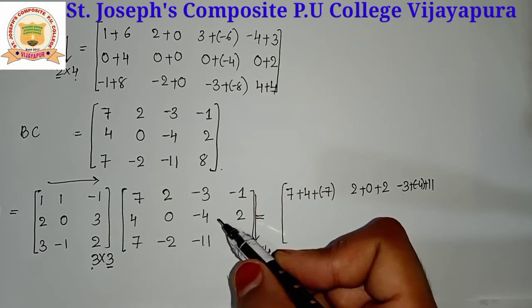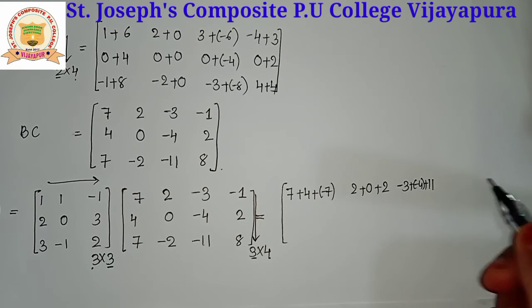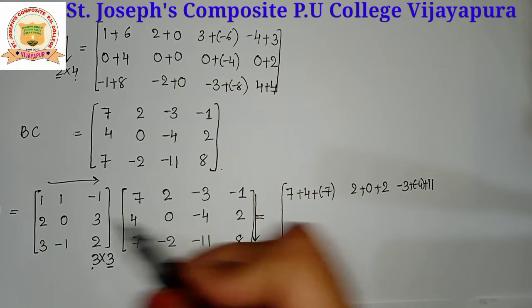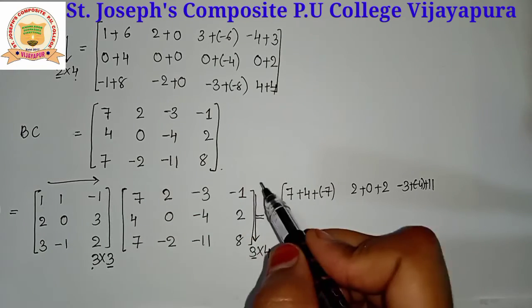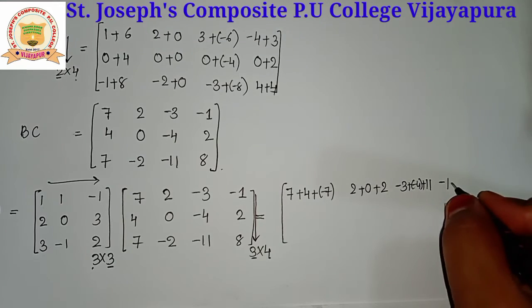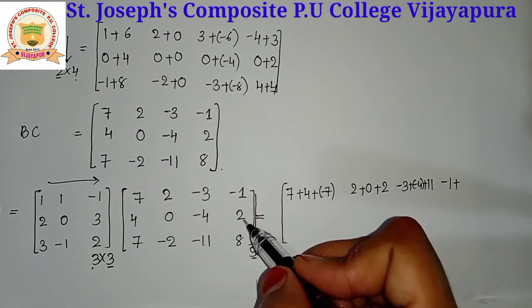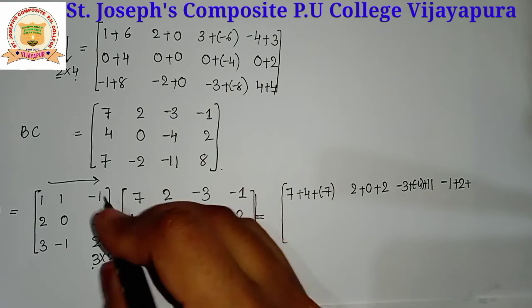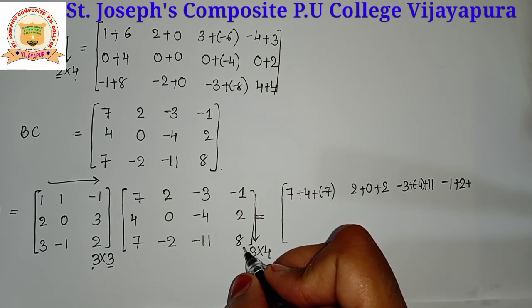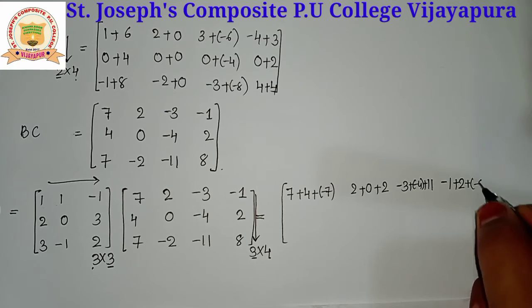Our next element will be A14, that is first row, fourth column. Multiply the corresponding elements and add. 1 into minus 1 is minus 1, plus 1 into 2 is 2, plus minus 1 into 8 is minus 8.